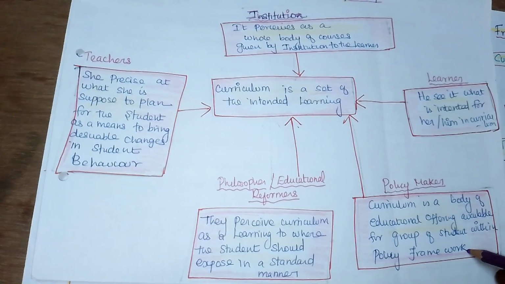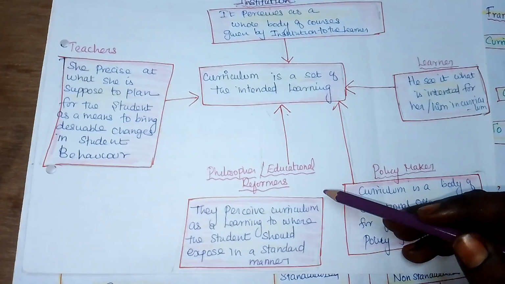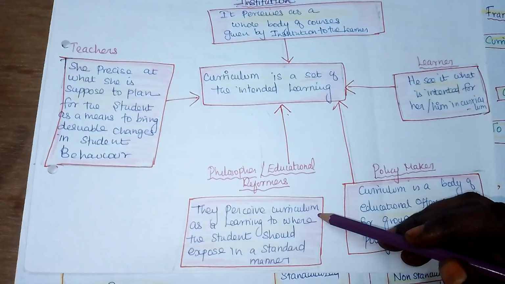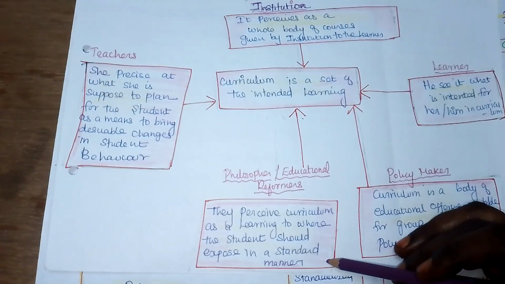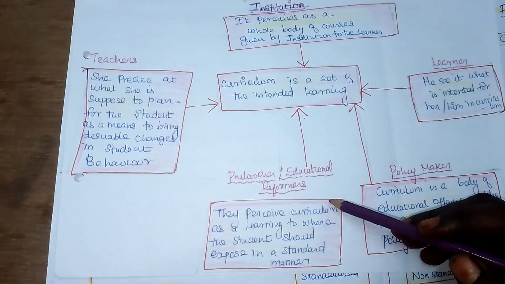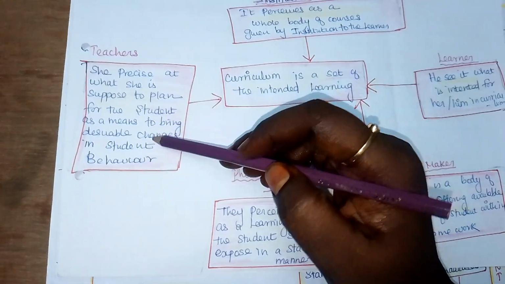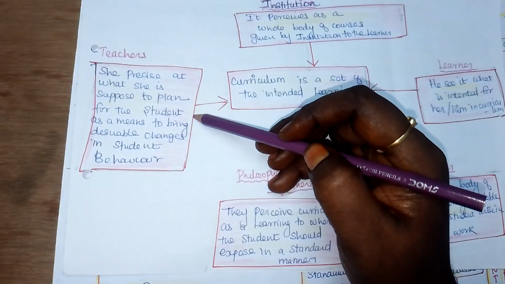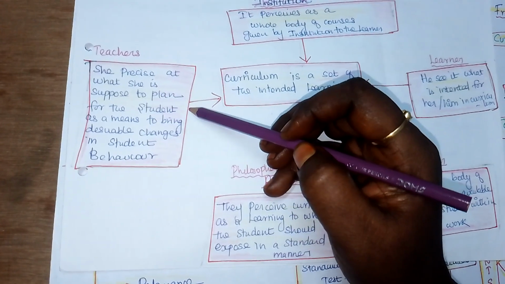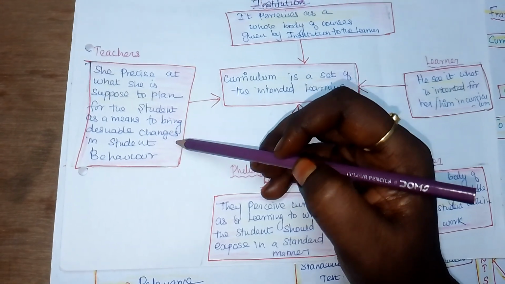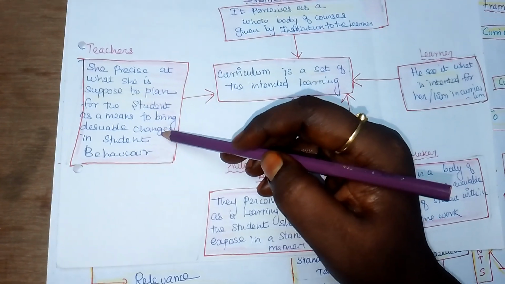Philosophers and educational reformers perceive the curriculum as learning to which students should be exposed in a standard manner. So the philosophical experts, and the teacher. The teacher is the one who translates and plans for the students. She is precise about what she is supposed to plan for the students as a means to bring the desirable change in student behavior. She plays an important role.